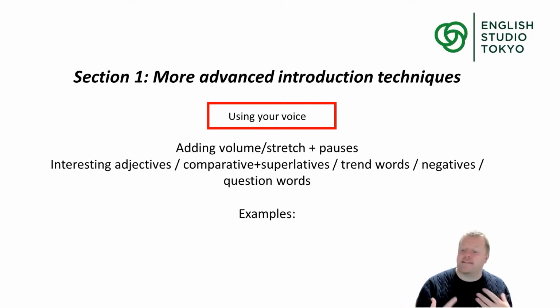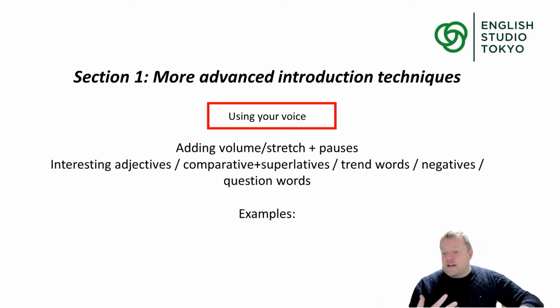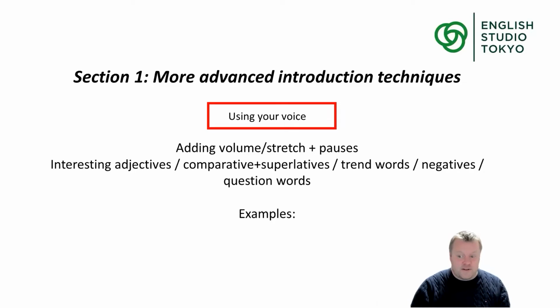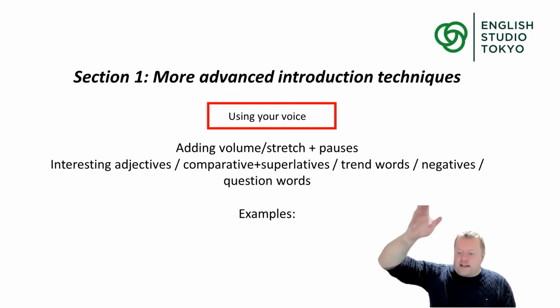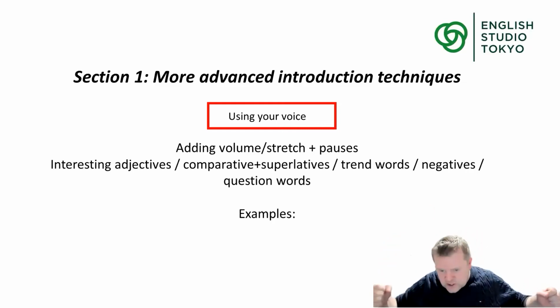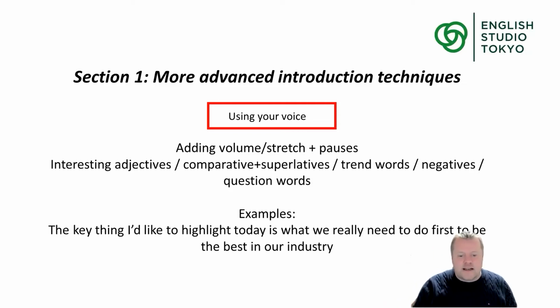Superlatives: best, worst, most expensive. Trend words: increase, decrease. Negatives: not. And that's really important. If you have a negative, always emphasize it. And question words: who. So when I say these words, I don't just raise my voice. I stretch the word out as well. Let's look at an example.